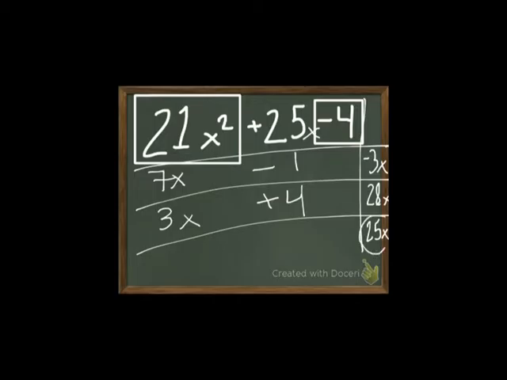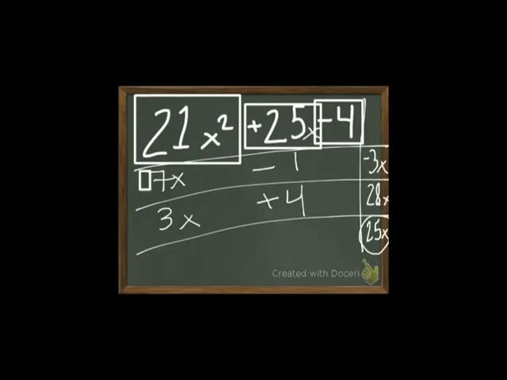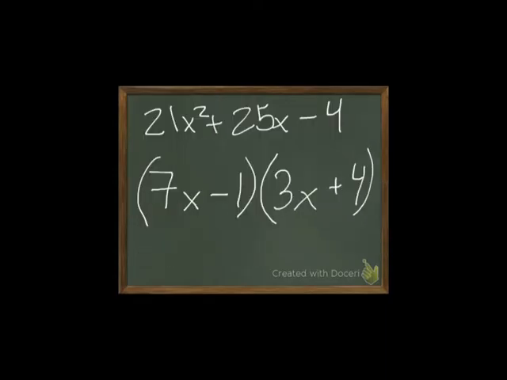If this number and this number are the same, the answer is correct. So we only need to put this in parentheses, and this times this will be our answer. So it will look like this.